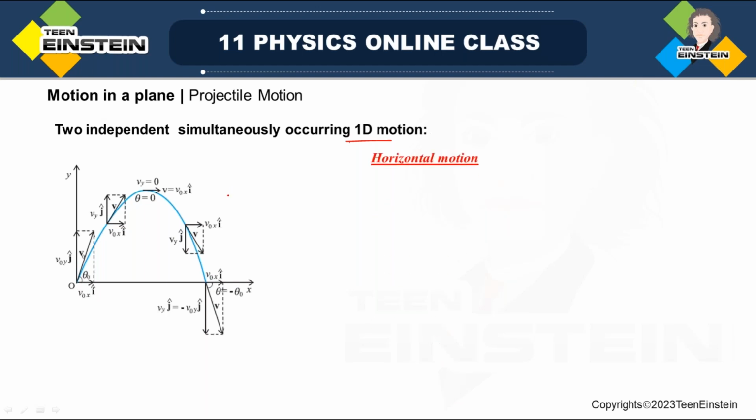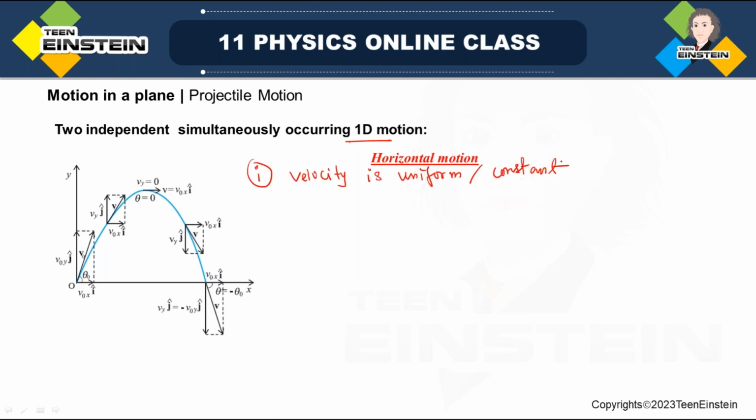The projectile has horizontal motion as well as vertical motion, and in this horizontal motion, point number one, the particle velocity is uniform or constant.